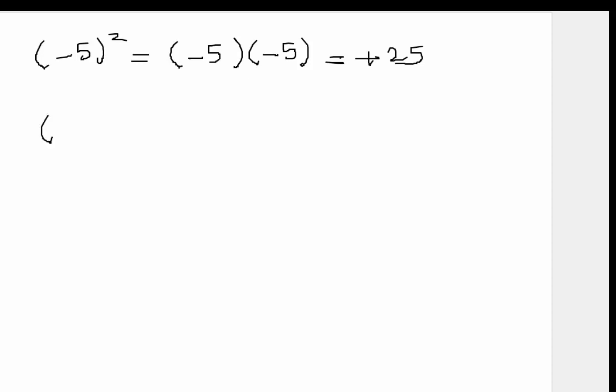Minus 5 to the power of 2 means you take minus 5 and you multiply by itself 2 times. So minus 5 times minus 5 is equal to plus 25. If I had plus 5 squared, this would be 5 times 5. If everybody understands this concept, I want to see a check mark next to your name, please.